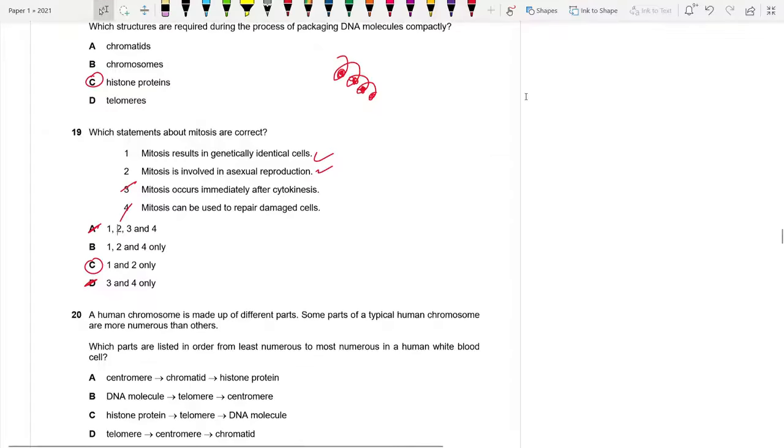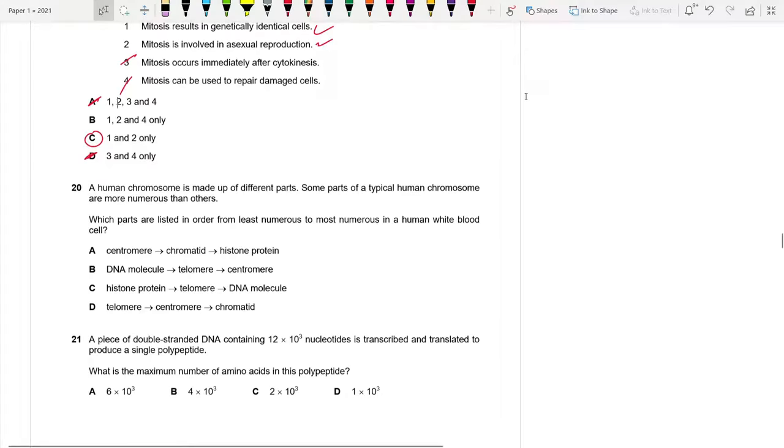4 is wrong. A human chromosome is made up of different parts. Some parts of a typical human chromosome are more numerous than others. Which parts are listed in order from least numerous to most numerous in human white blood cells? So look at this, guys. This is a chromosome. For each chromosome, there are 4 telomeres.